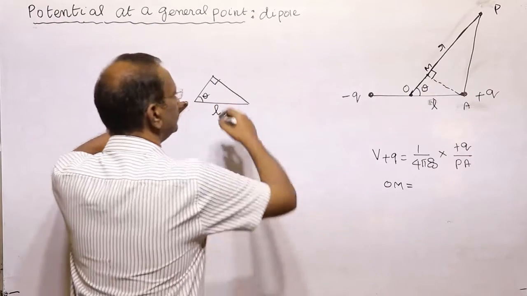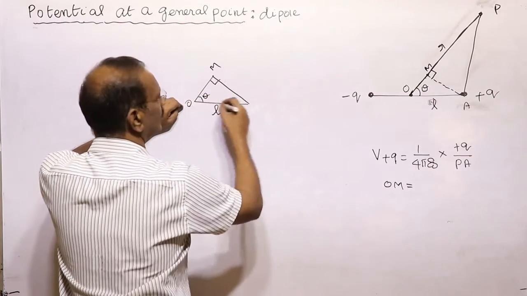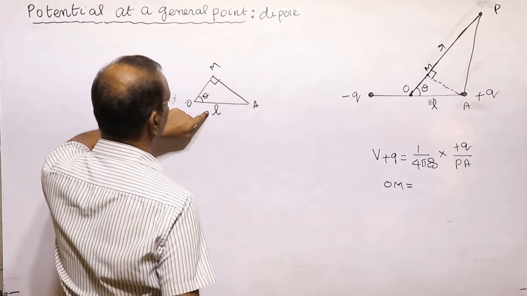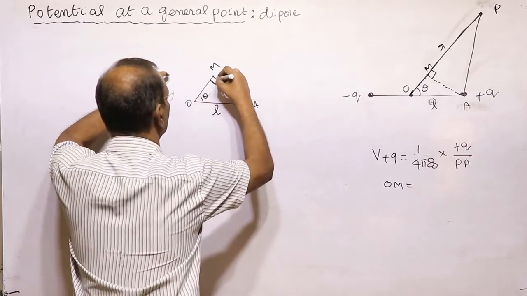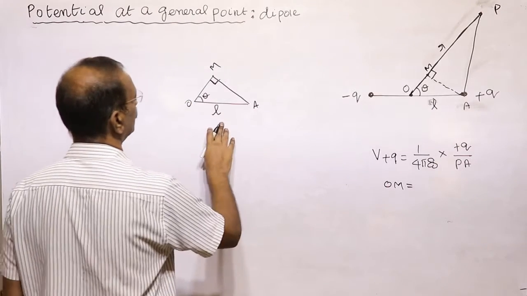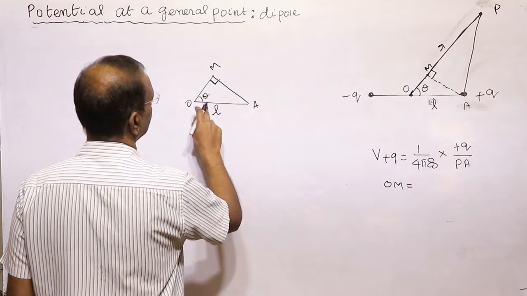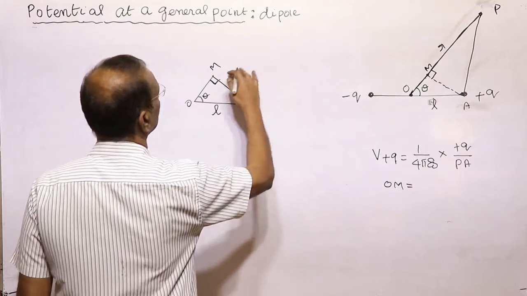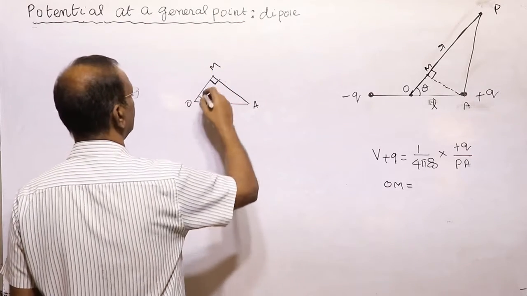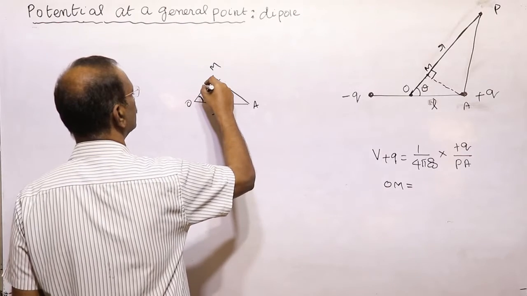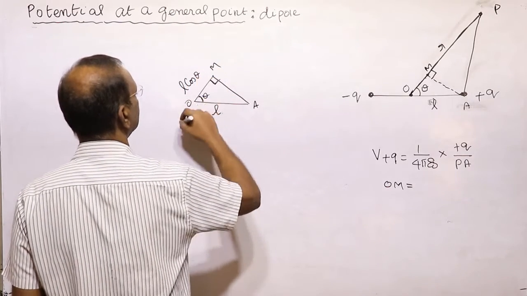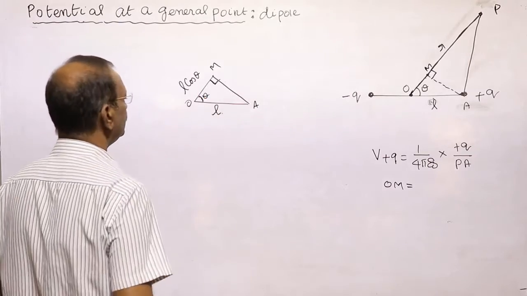This is M, this is O, and this we call P. This is the hypotenuse, exactly opposite to the perpendicular.